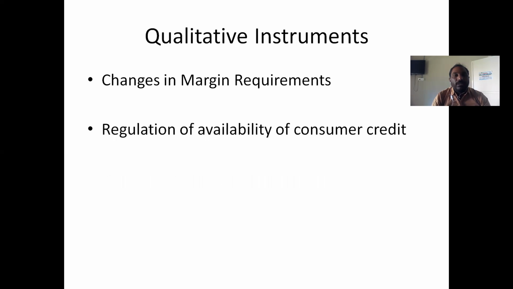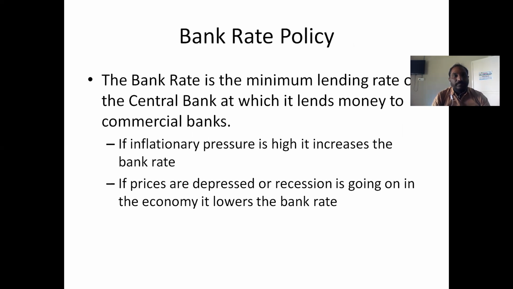And the qualitative instruments are changes in margin requirements and regulation of availability of consumer credit. Now we shall move on to the instruments and deal with them individually. With regard to the first one, it is the bank rate policy. The bank rate is the minimum lending rate of the central bank at which it lends money to commercial banks.